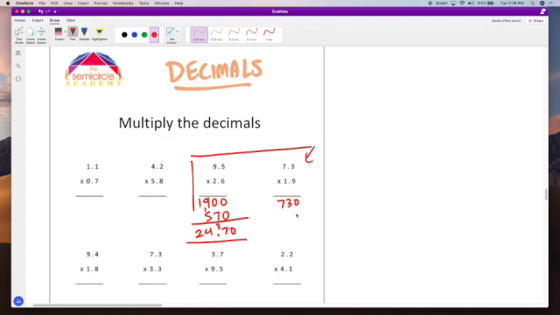So 9 threes are 27. And 7 nines are 63, 65. And then when you add this, you get 7, 8. And then we add.